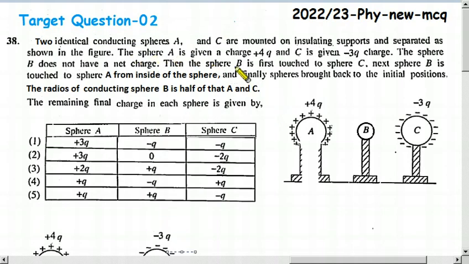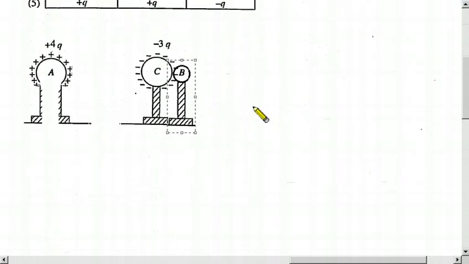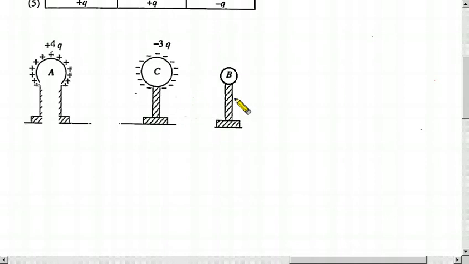The sphere B is first touched to the sphere C. So when B is touched to C, as previously, this one gets a simple q charge, this one gets a minus 2q charge. I am not going to explain that again, as I explained it in the previous question.